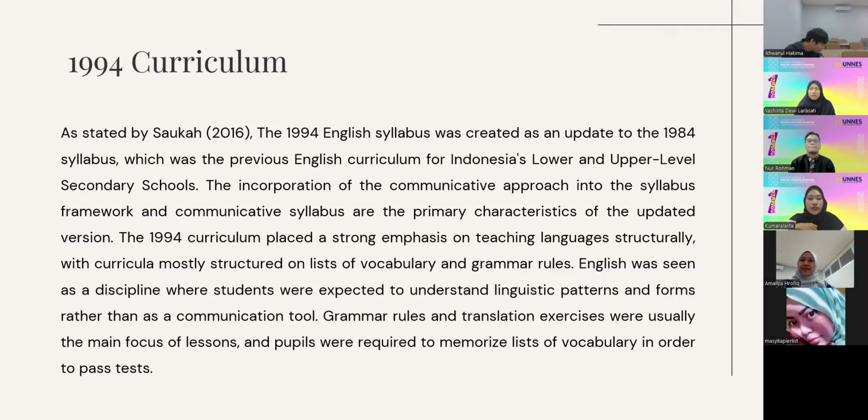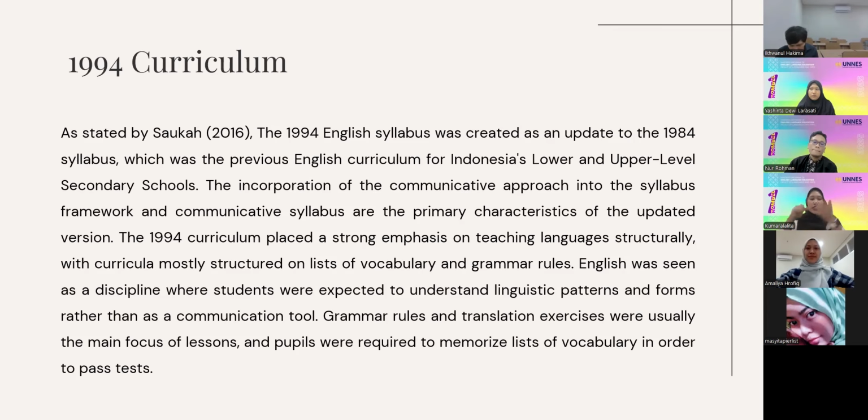There were a lot of curricula before, but since it would be too long, we are not putting them in the PPT. The incorporation of the communicative approach into the syllabus framework and a communicative syllabus were the primary characteristics of the updated version. The curriculum 94 placed a strong emphasis on teaching language structurally, with curricula mostly structured on lists of vocabulary and grammar rules.